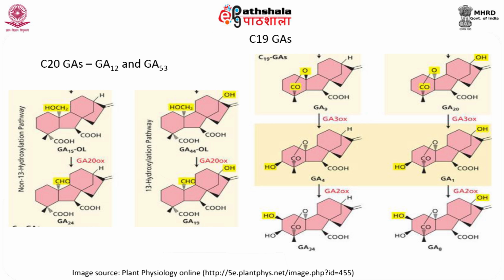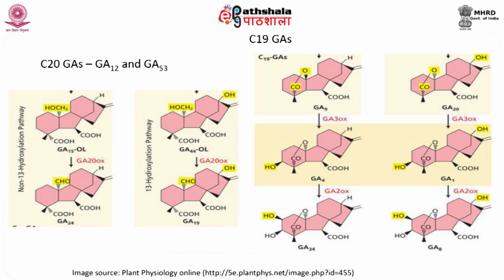The presence of the lactone ring and hydroxylation at the third carbon are important steps which lead to the formation of bioactive GAs. On the other hand, hydroxylation at the second carbon converts the bioactive GAs to inactive forms, namely GA34 and GA8.